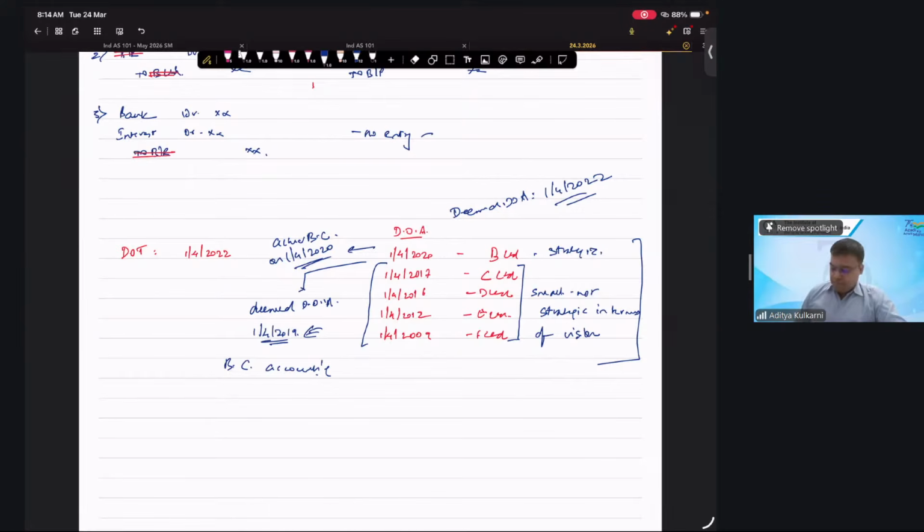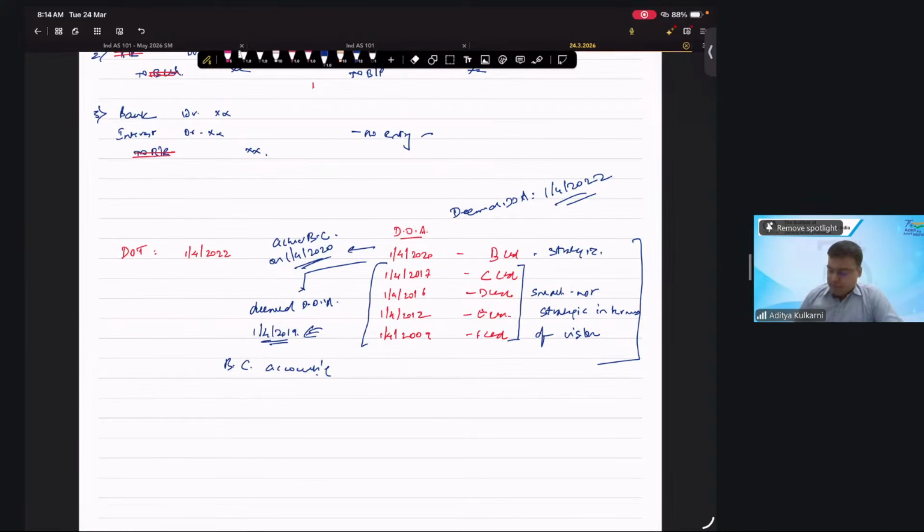Also, understand what is the benefit or advantage of this particular provision.